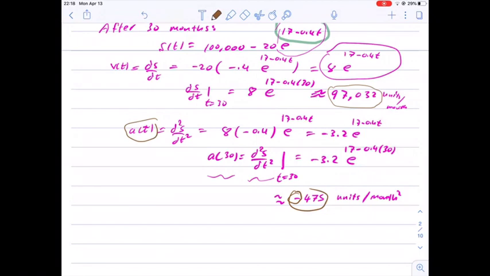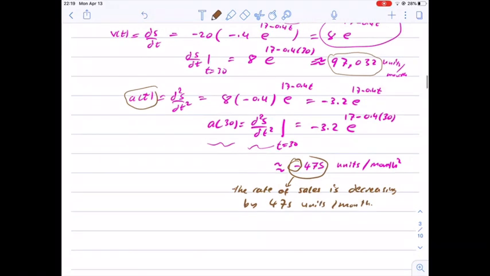The second derivative is negative. That means the rate of sales is decreasing. The rate of sales is decreasing by 475 units per month. Now fewer games are sold each month than the month before.